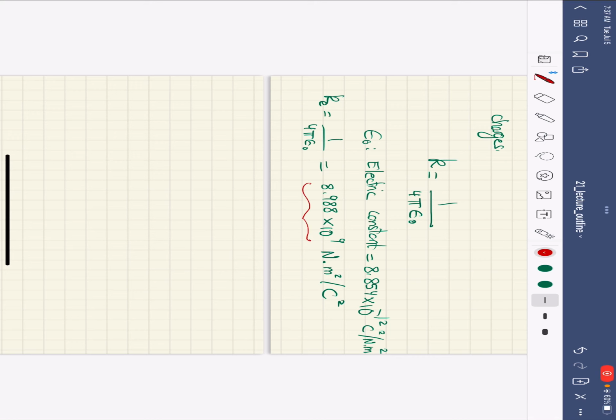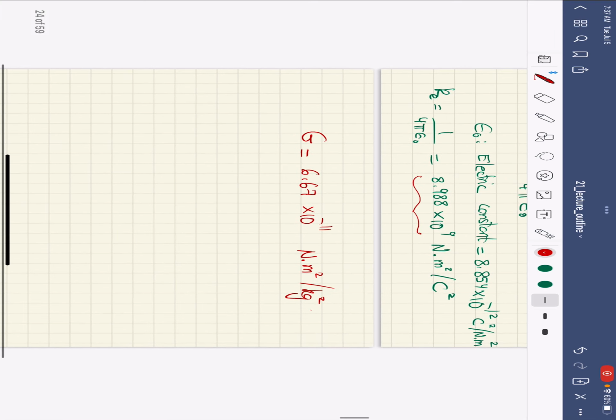Now, if you compare this with the universal gravitational constant, which is 6.67 times 10 to minus 11, which is actually the one that is making the gravitational force the weakest, and this constant K electric is the one that is making the electrostatic force the second strongest.